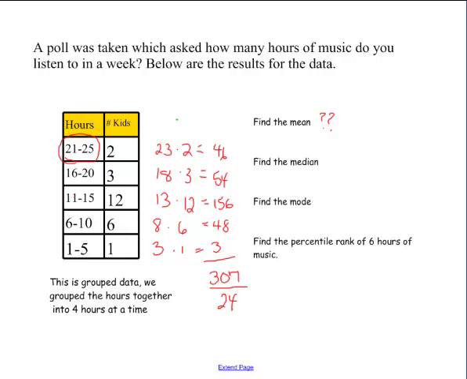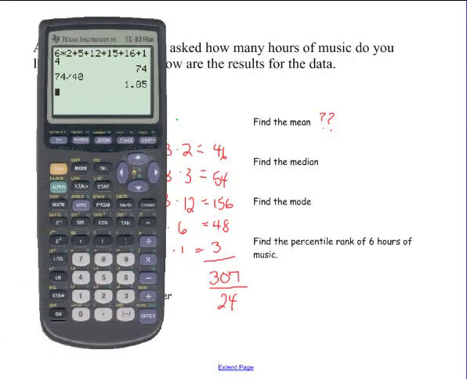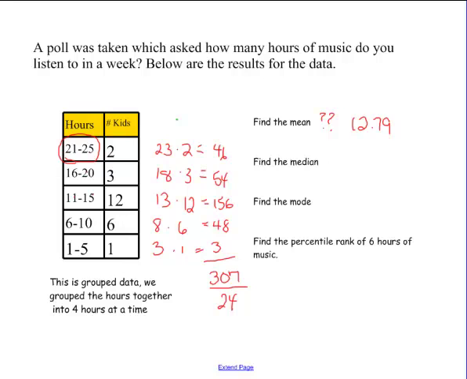So the average number of hours, 307 divided by 24, is 12.79. And then we could go through and do the median, the mode, and the percentile the same exact way.